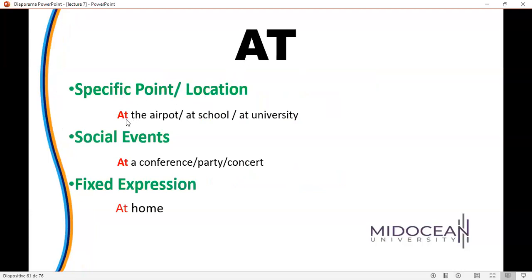So example, at the airport, at school, at university, we say. Social events like at a conference, at a party, at a concert. Expression at home.